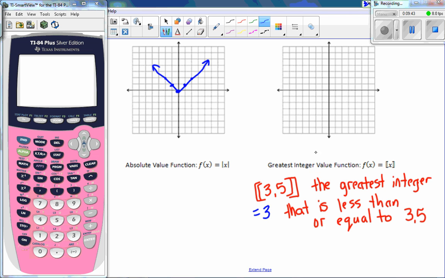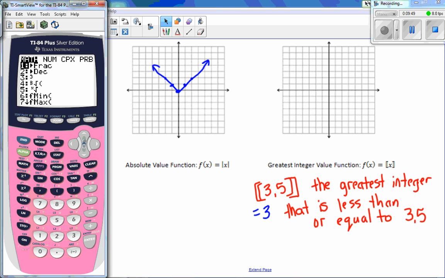And to explore what the graph looks like, we're going to use our calculator. Actually, let me show you on the calculator. You can evaluate these. If you go math, number, and you want number 5, where it has int. And if I type in 3.5, I get 3.